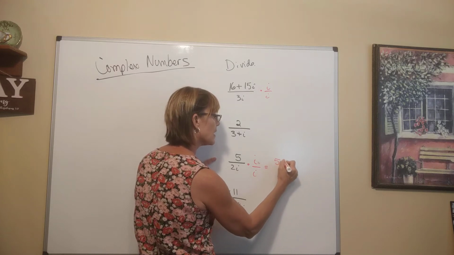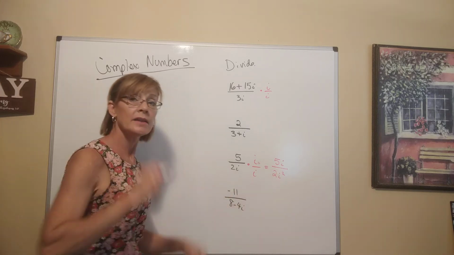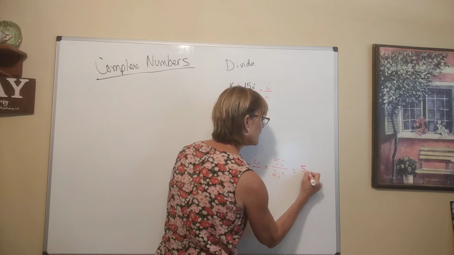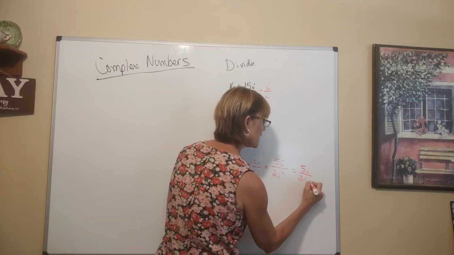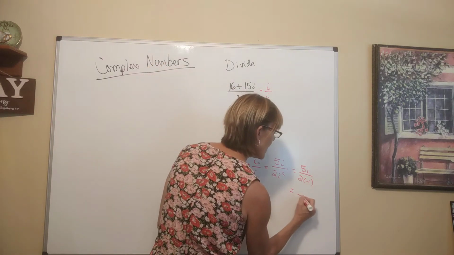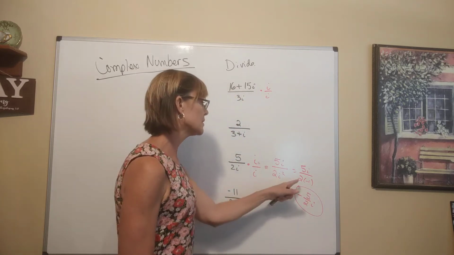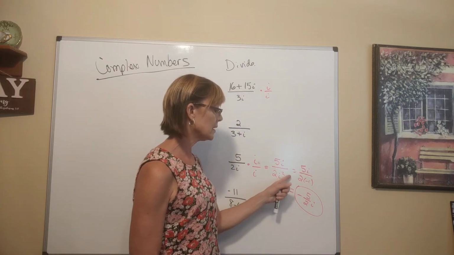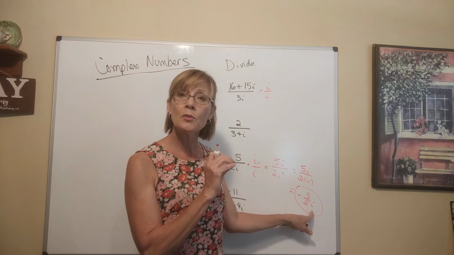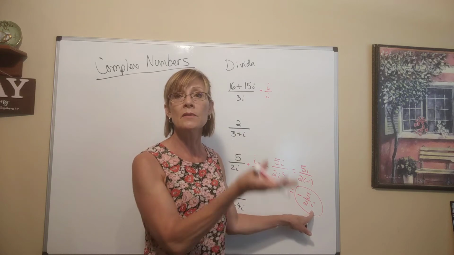This is 5 times i over 2 times i squared. But i squared is really the number -1. So this is really 5 times i over 2 times -1, or 5i over -2, or simply -5/2 i. The job was to get rid of the i in the denominator. We did. Do you see how I wrote that i beside it? When a variable or i is written beside a fraction, it goes in the numerator, or it could also be written in the numerator.